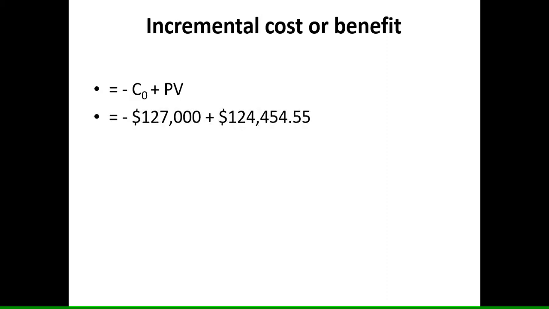We know C naught is how much? $127,000, plus the present value which we have calculated. We got this much, and the difference shows as a minus. Since this is creating a loss or a cost, an incremental cost, the decision will be, of course, do not invest.